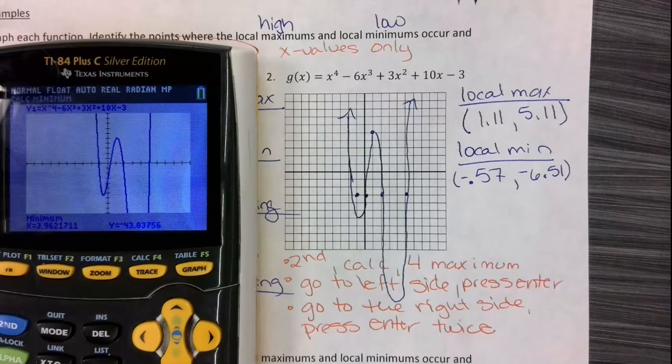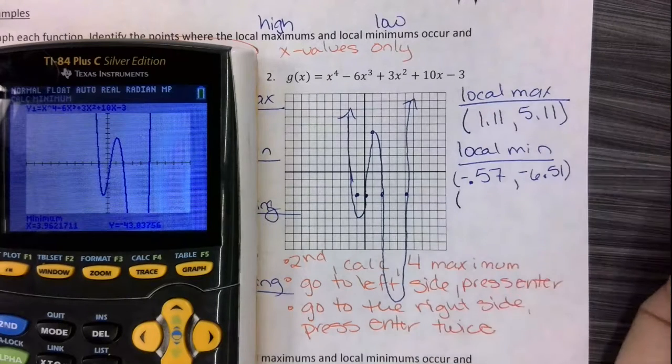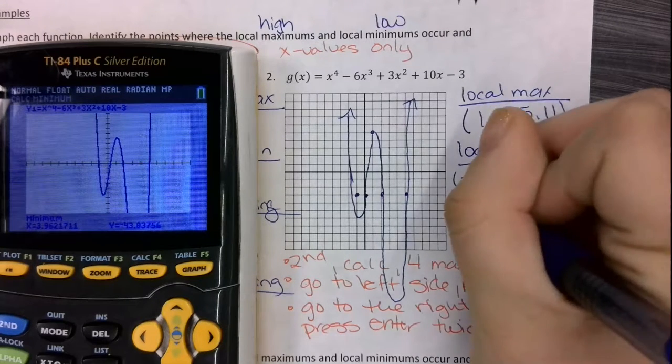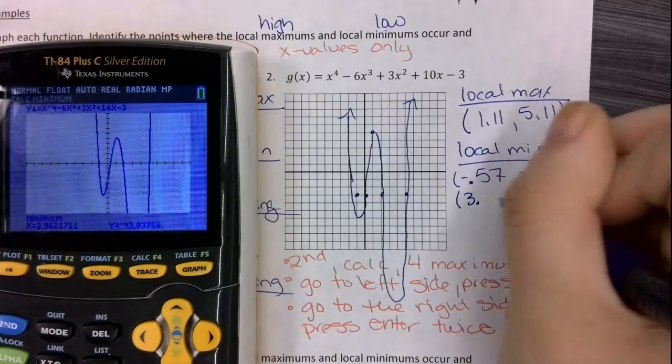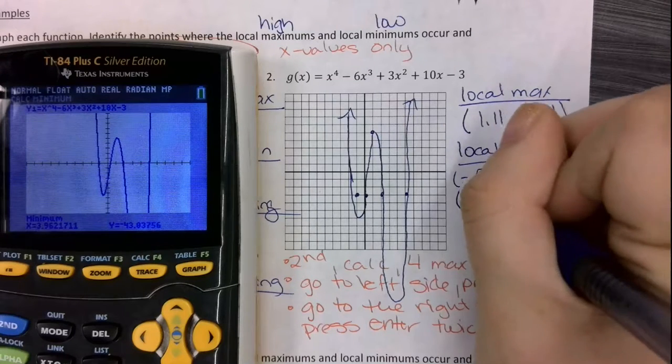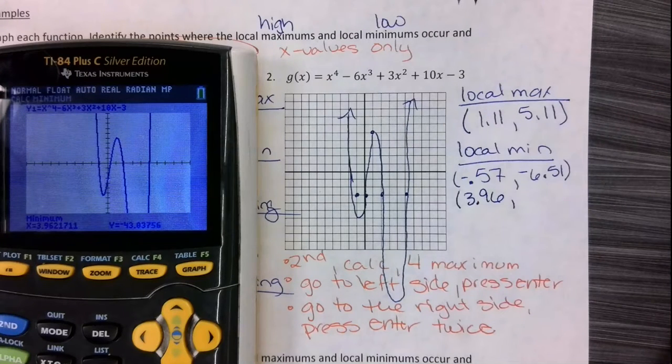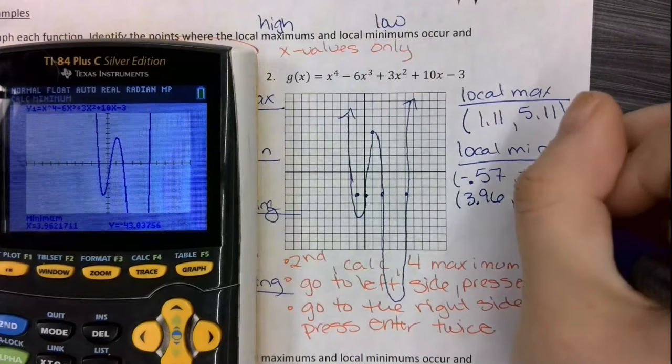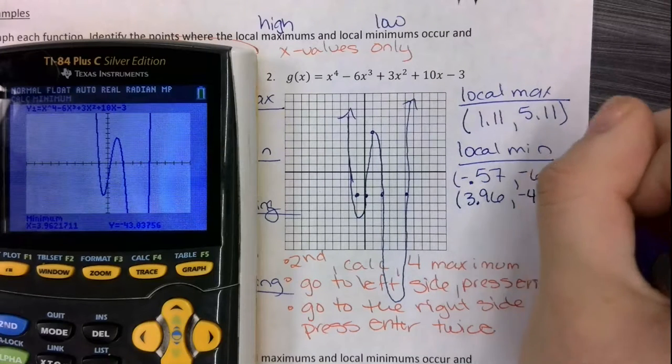I got 3.9, two decimal places. No, 3.96, yeah, and -43.03. Negative 43.04.